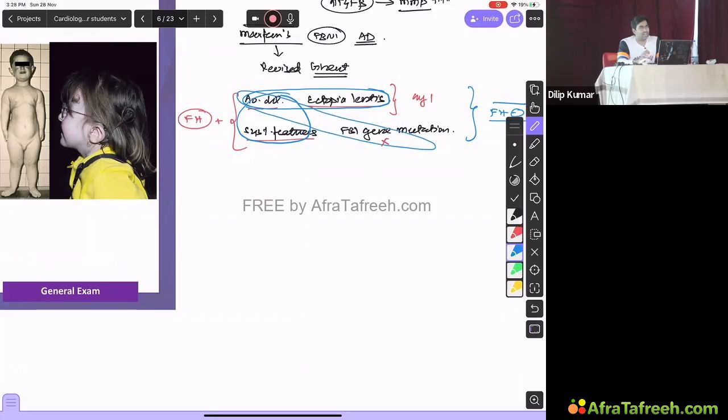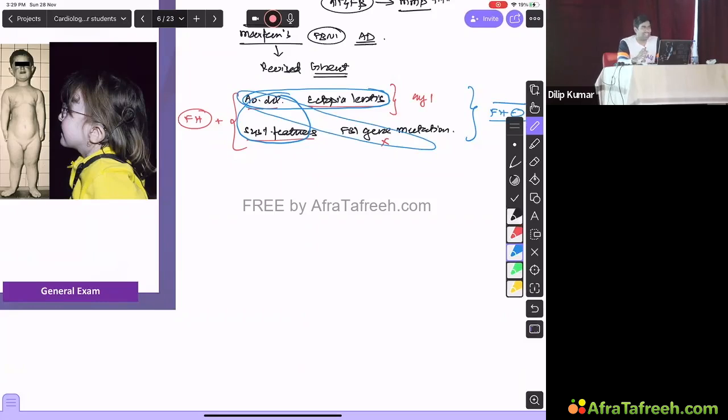Do you understand? Simple, isn't it? Which means aortic root dilatation is a must. Along with that, you should have either ectopia lentis, or systemic features, or fibrillin 1 gene mutation.